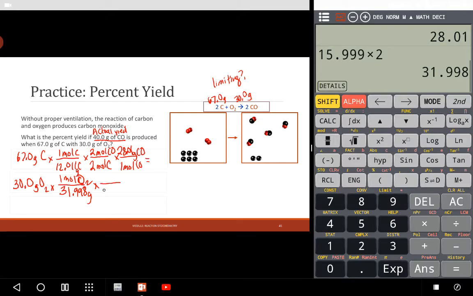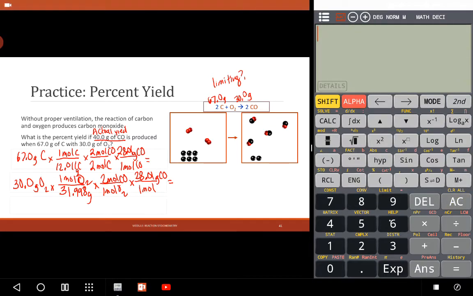Now I can cancel out my moles of O2 to get into moles of carbon monoxide, and then we'll cancel out my moles of carbon monoxide using the molar mass as above. Okay, so I've got my setups.